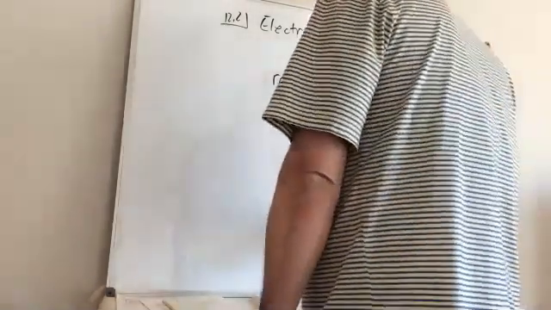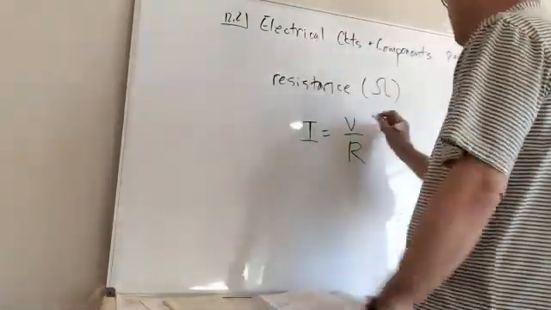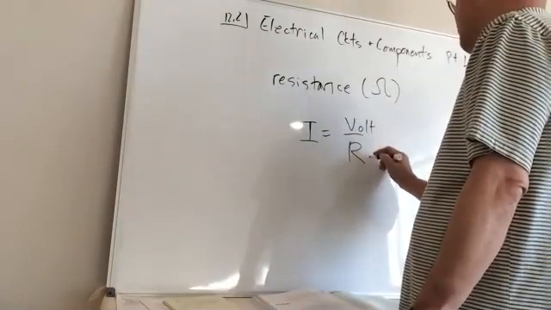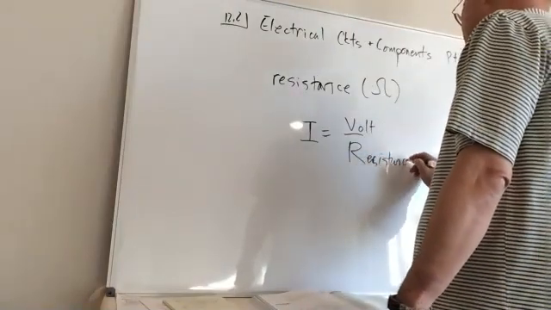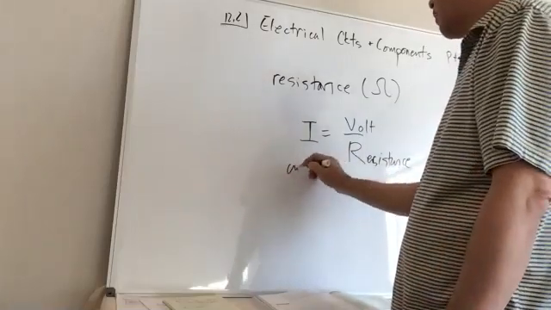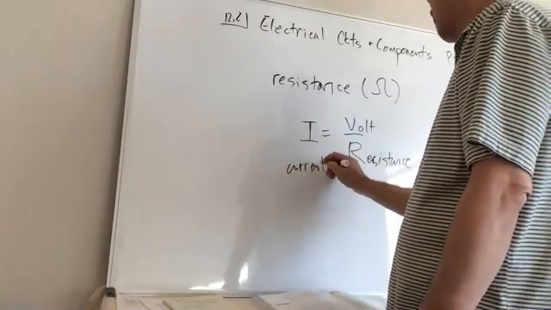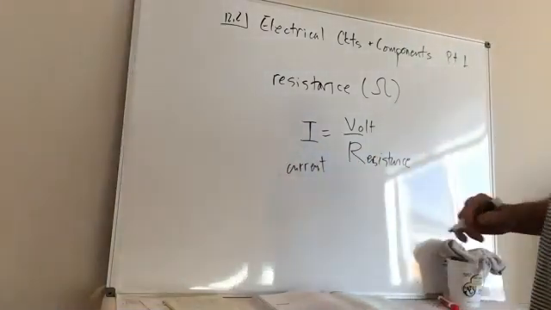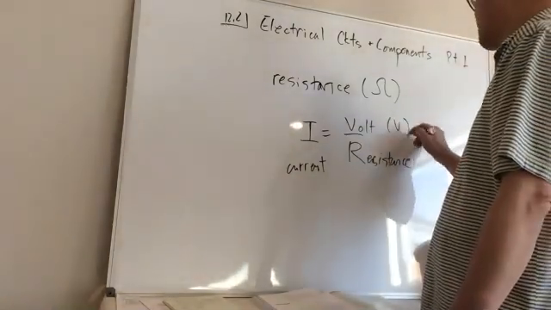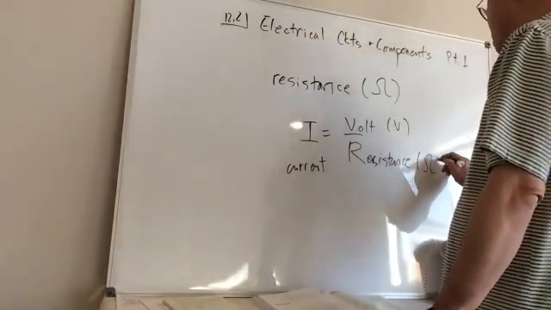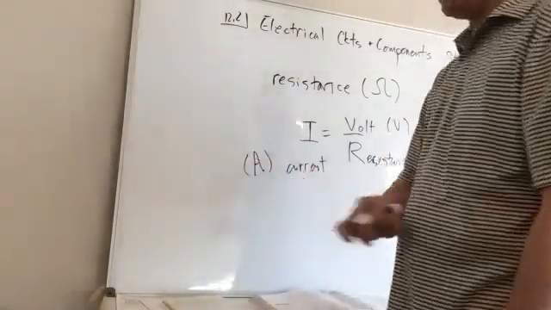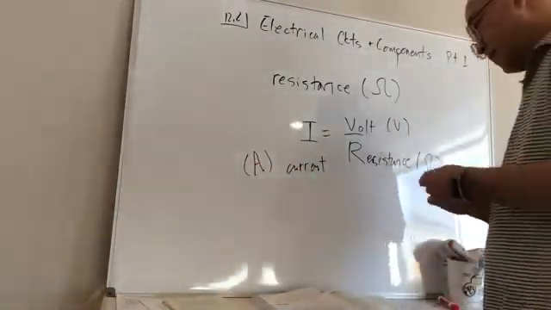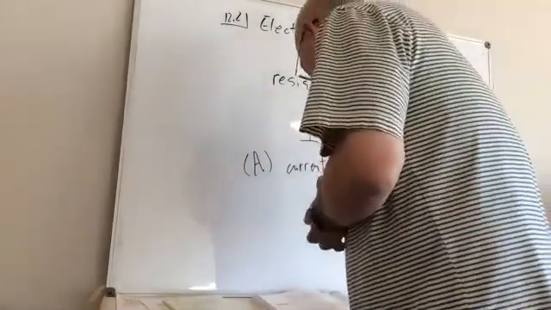So this would be voltage, this would be the resistance, and this would be your current flow, where the voltage is measured in volts, resistance is still measured in ohms, and current is measured in amperes, okay? All right.